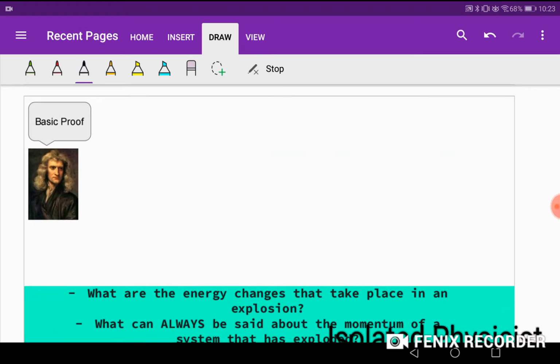So I'll take my square and my circle again, and we'll look at the momentum before. Call this the A shape, and we'll call this the B shape. So this has got mass MA, this mass MB, this is velocity VA, this is velocity VB, and this is the initial state.